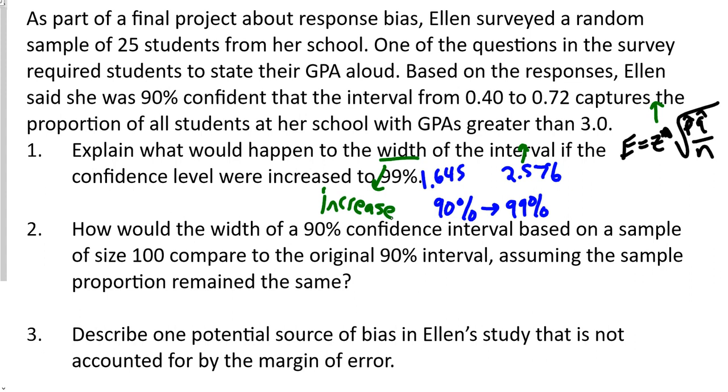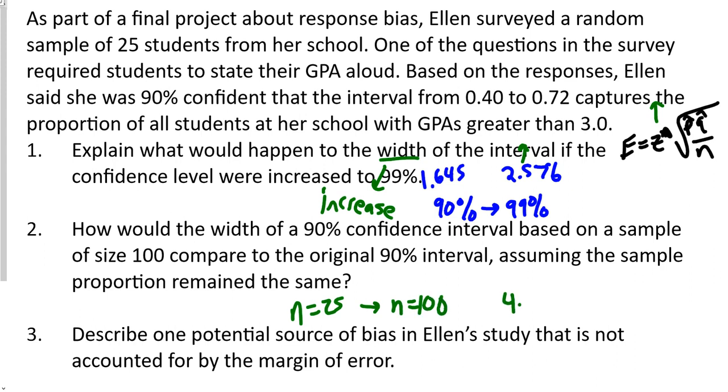Number two, how would the width of a 90% confidence interval based on a sample size of 100 compare to the original 90% confidence interval, which was a sample of 25, assuming the sample proportion remained the same? So now, if we are going from n equals 25 to n equals 100, that's 4 times.